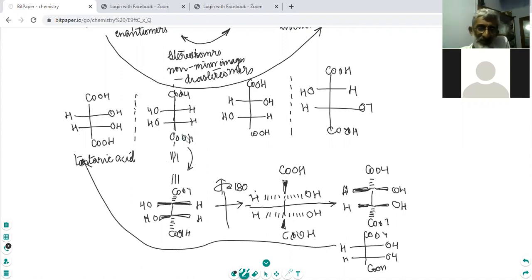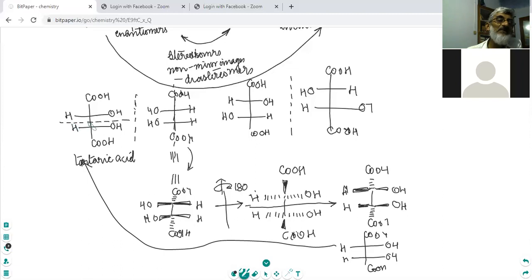So to know whether the mirror image is just the same, do you have to go through all this? No, just look here. This molecule is already having a plane of symmetry. Even though it is containing two chiral carbons, it is having an internal plane of symmetry. That means the upper half and lower half are mirror images of each other.